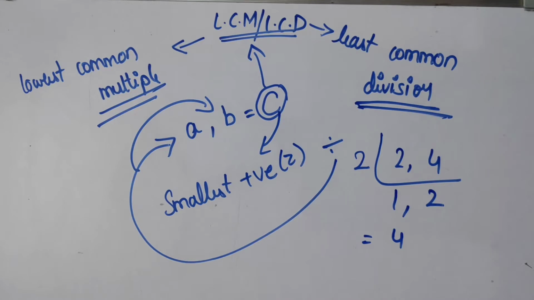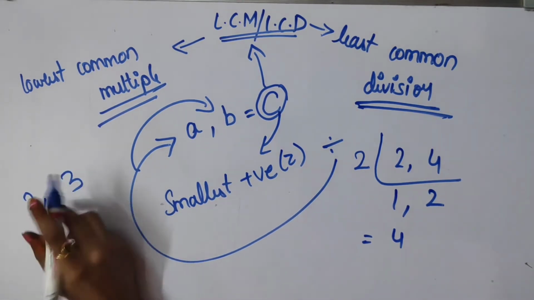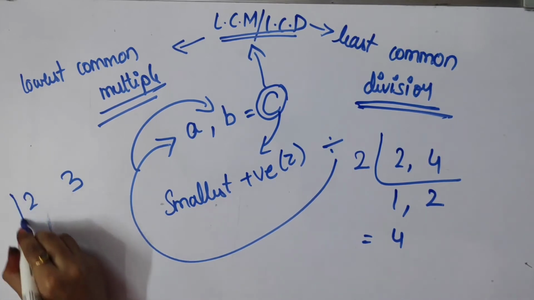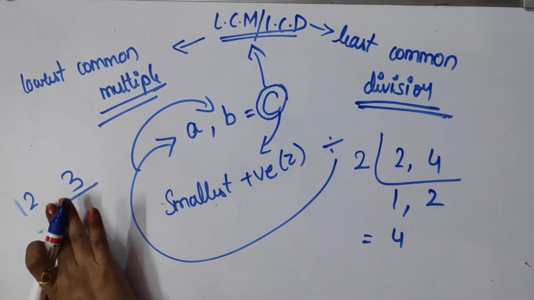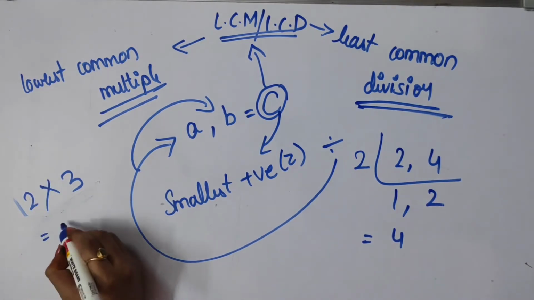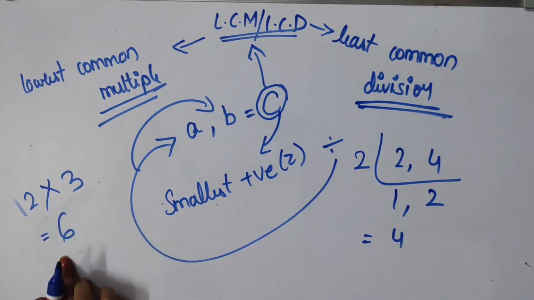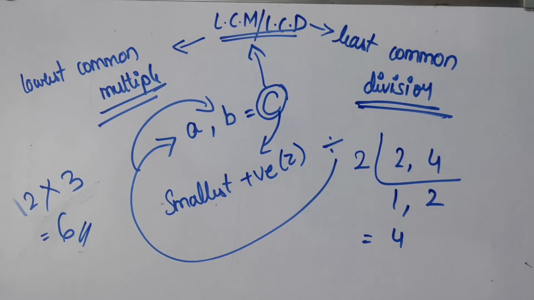Now let's take one more example, which is 2 and 3. As there are no common numbers between these two, I cannot perform the division, but I can multiply these two numbers. Then the answer is 6, and this is the LCM of these two numbers.